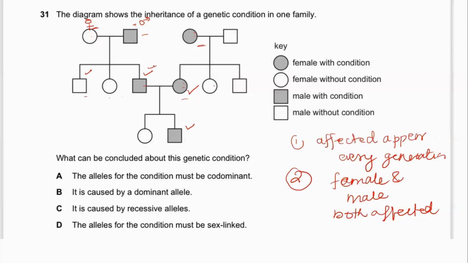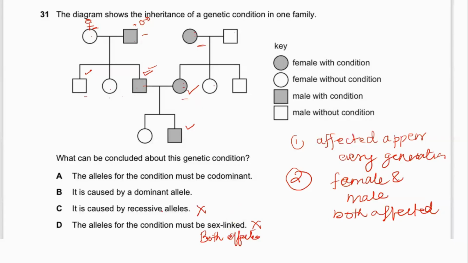This also shows that this is actually by a dominant allele, because one dose of the allele also is producing the disease. And we can already rule out recessive alleles, and there's no sex link because both sexes are affected equally.